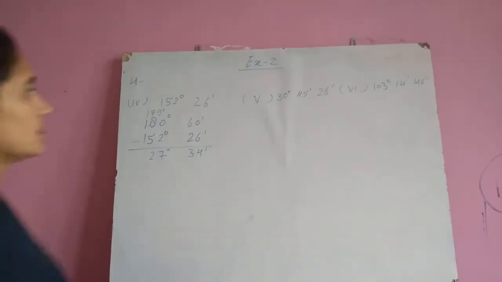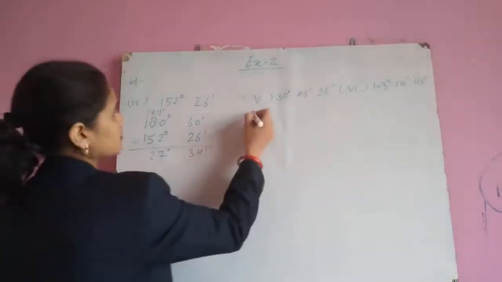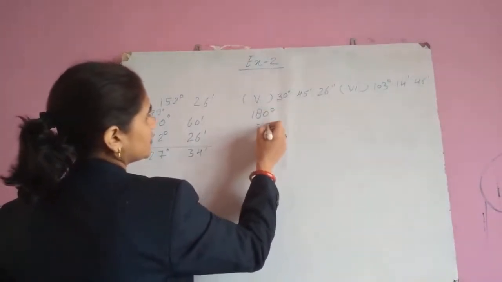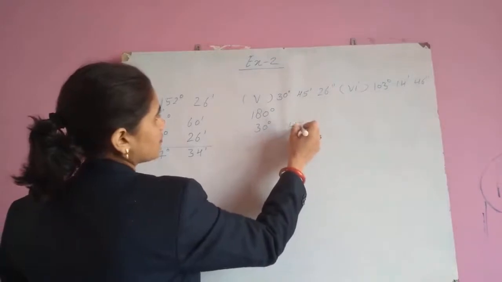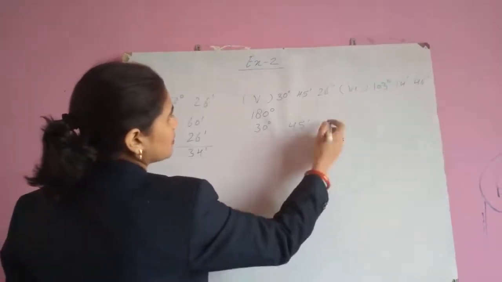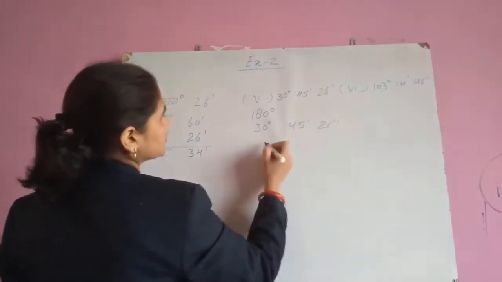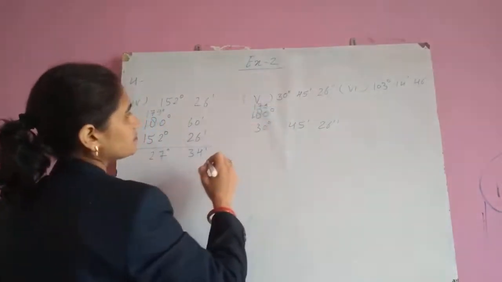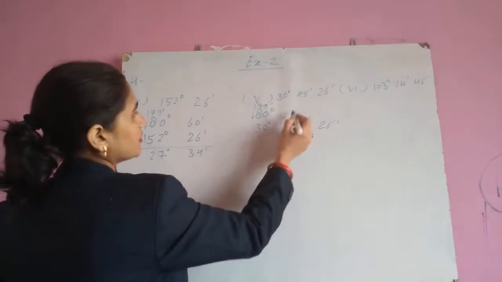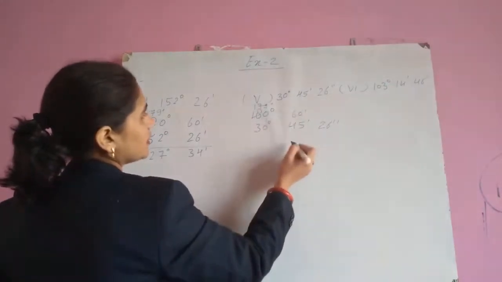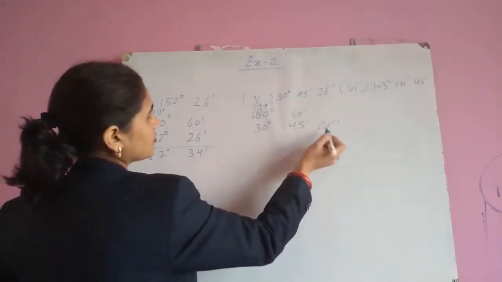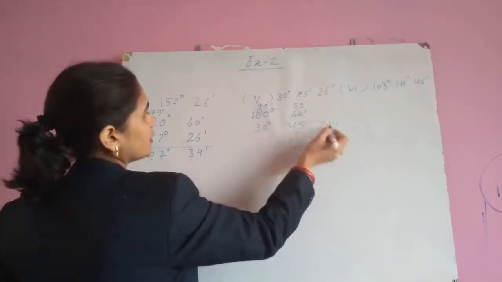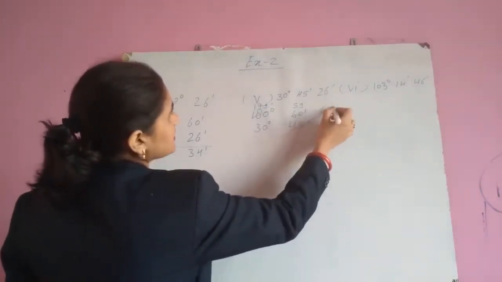Next is the 5th part. 180 degree. Here we will write 30 degree 45 minute 26 seconds. Take borrow from here. 179 degree is left here and here 60 minute. We will take 1 minute from here. What is left here? 59 minute and here 60 seconds.